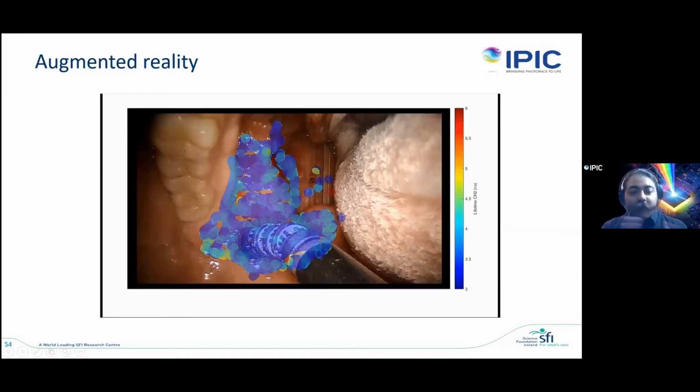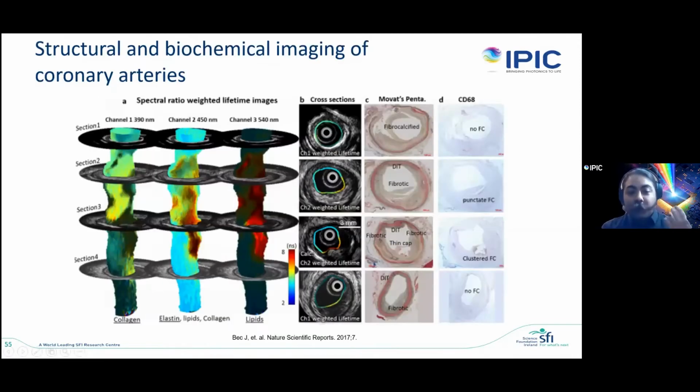So now, thinking about this way of having biochemical profiles of tissues, we can also have biochemical profiles of very small structures such as coronary arteries. In this case, we can image inside and have profiles of collagen, elastin, and lipids inside these blood vessels.